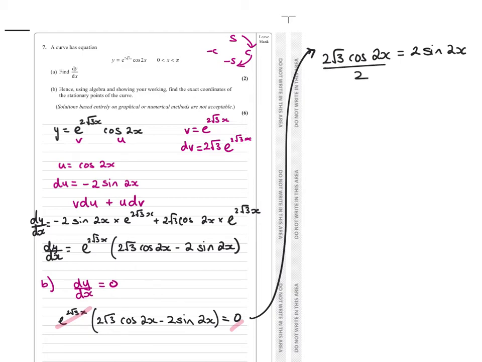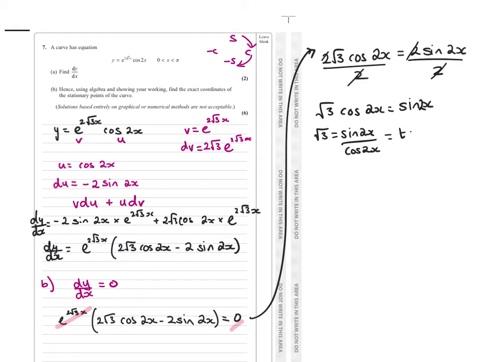If I divide this side and this side by 2, they're going to cancel. So I get root 3 cos of 2x equals sine of 2x. If I divide both sides by cos of 2x, I get root 3 equals sine of 2x over cos of 2x, which is tan of 2x. So tan of 2x equals root 3.